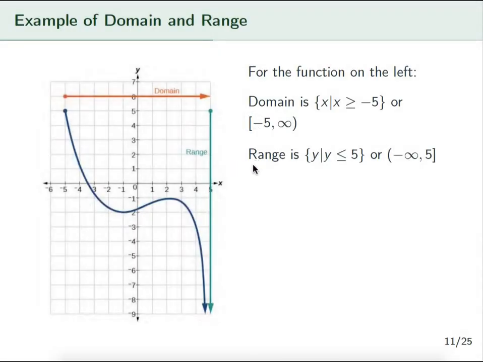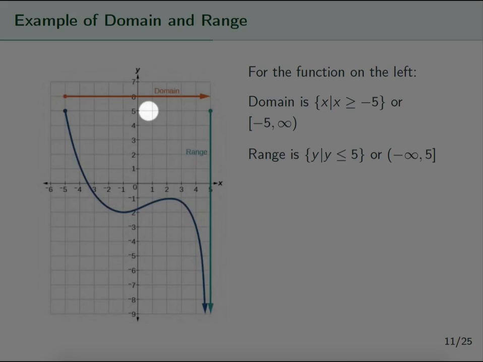So then let's look at the range of this function. So range is the set of output quantities. So we look at the y-axis. If you look at here, the function goes only up to 5. So it will be -infinity all the way to 5. Same here, closed circle, that means we include 5.